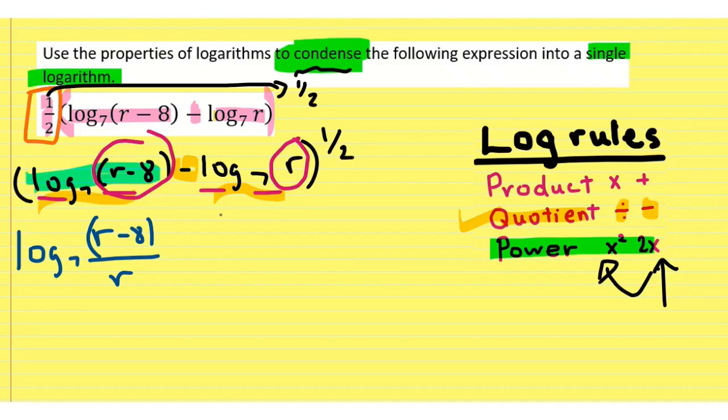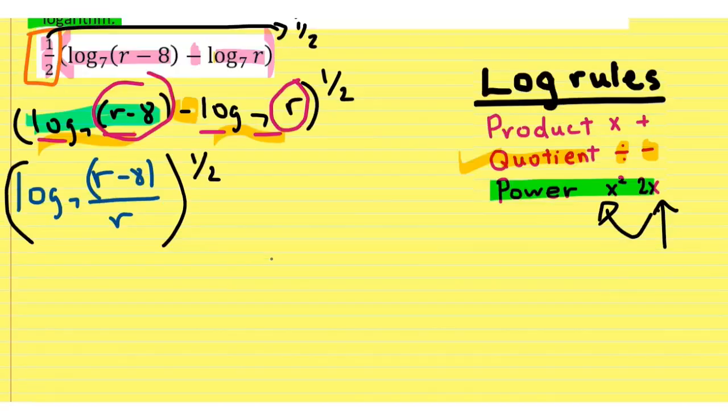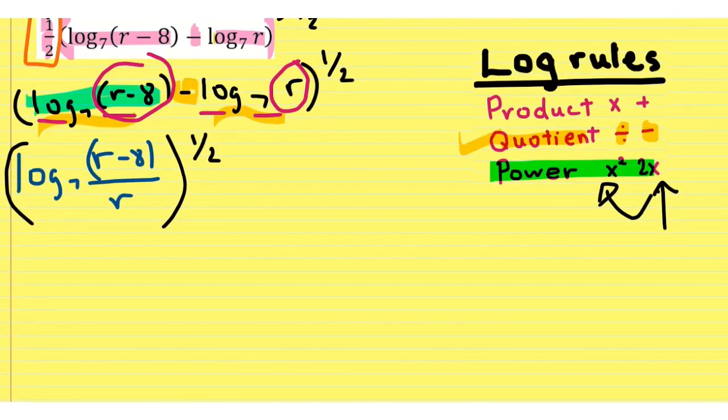But we can't forget that we still have everything raised to the 1/2 power right there. Technically we could probably leave it there if we wanted to. That is not necessarily an incorrect answer. So that's an answer. But if you wanted to, we could actually distribute that 1/2 into the parentheses.